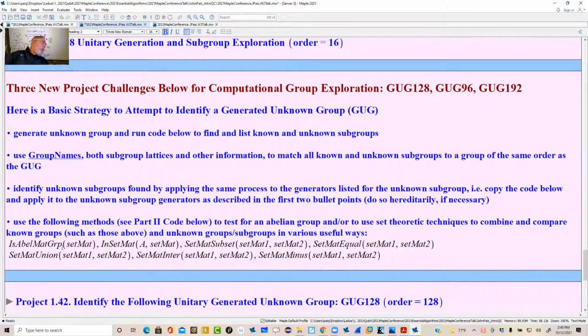And I have is abelian matrix group here. I have these different methods in the code, in set matrix. Basically I have sets of matrices, so this is a subset relation tester for a set of matrices, an equal tester, a union, an intersection, and a minus for those.